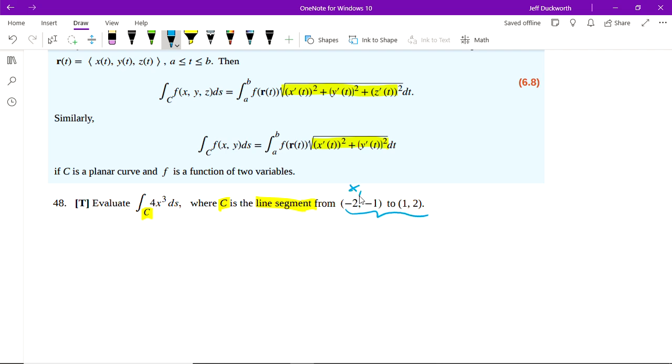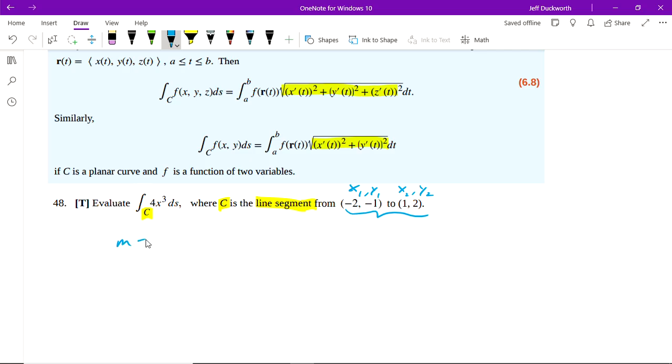Think of this as x1, y1, and this is x2, y2. So you're going to need to find the equation for the line, which a basic algebra class should get you through, but let's do it right now.